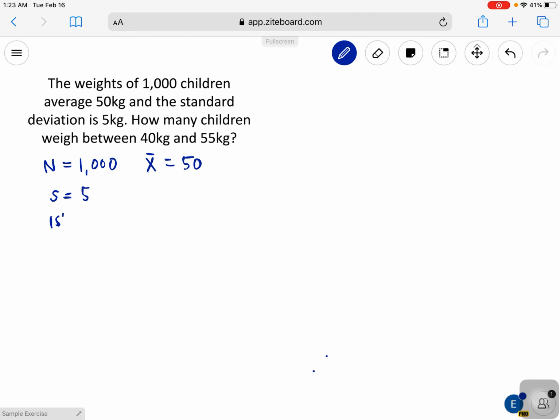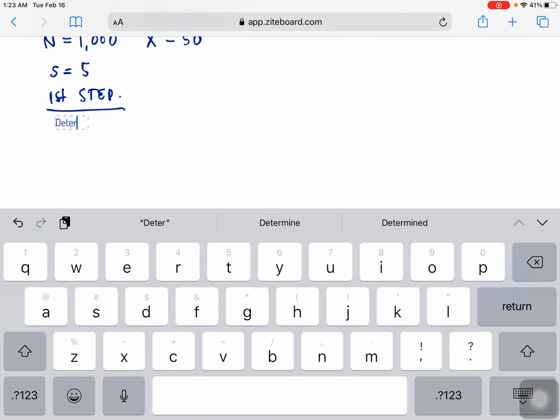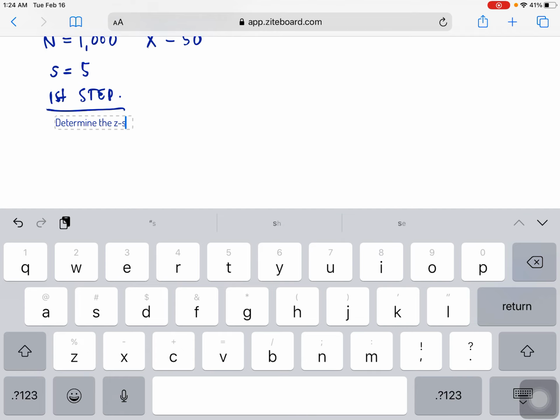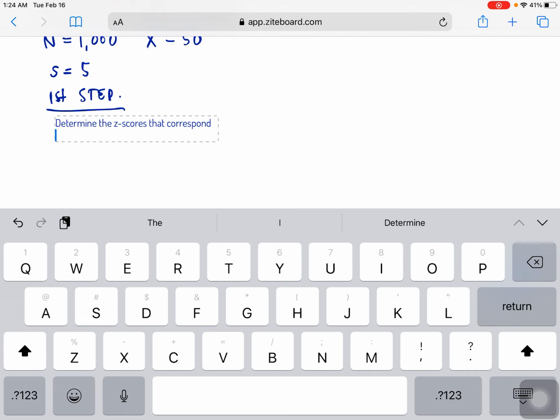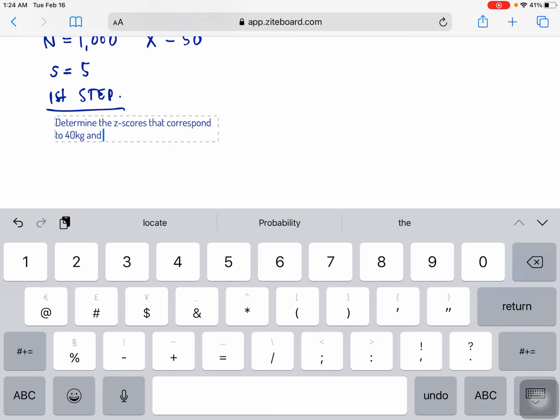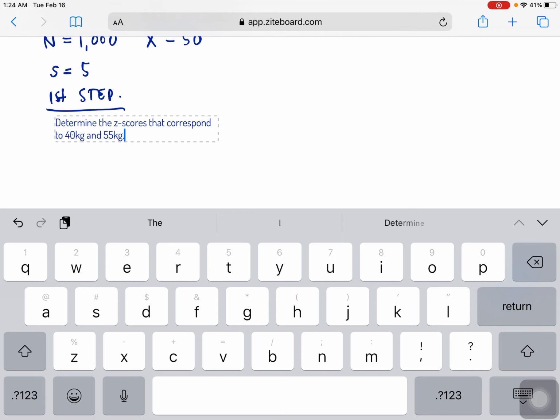First step. The first step here is to determine the z-scores that correspond to 40 kilograms and 55 kilograms.